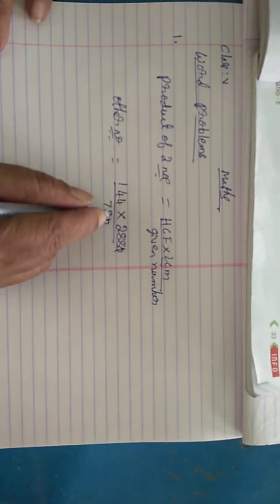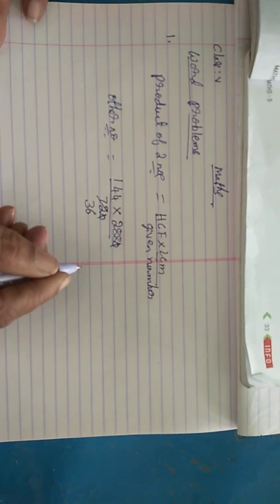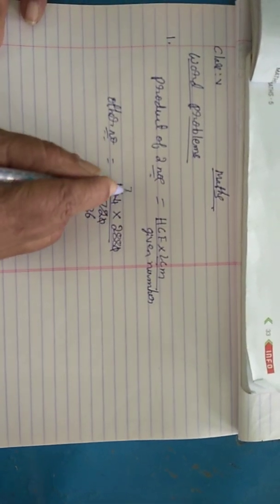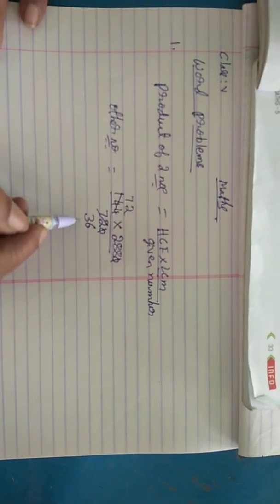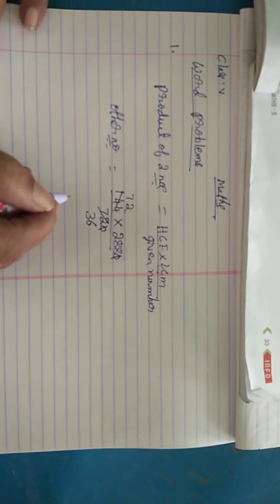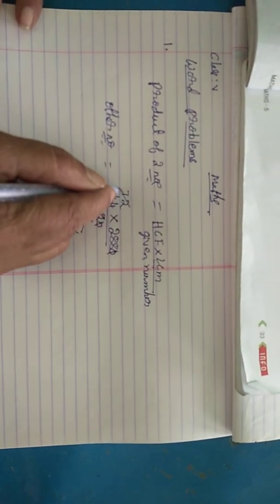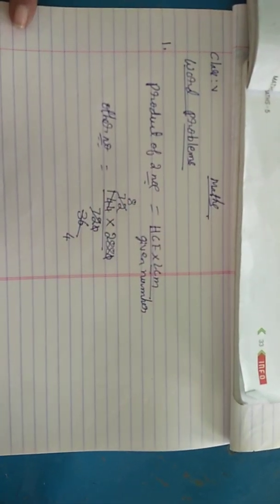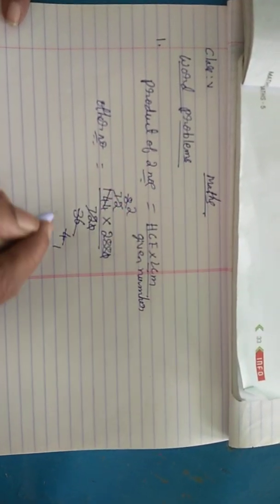Okay. See, 2 3s are 6, 2 6s are 12. So 2 7s are 14, 2 2s are 4. So you know that 72 and 36 are there, it is divisible by the 9 table. So 9 4s are 36, 9 8s are 72. Again 4 1s are 4, 4 2s are 8.